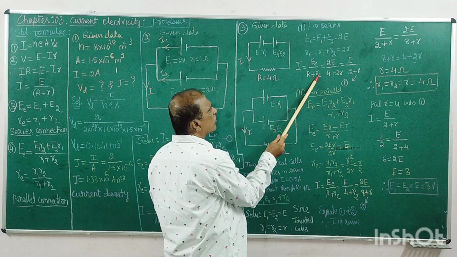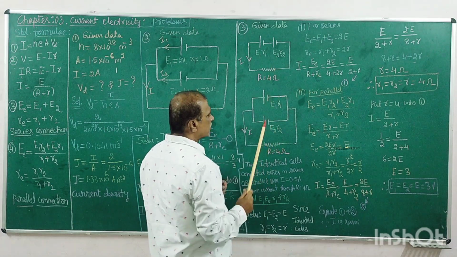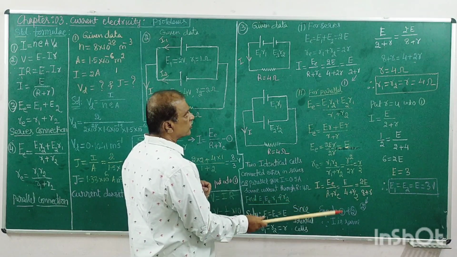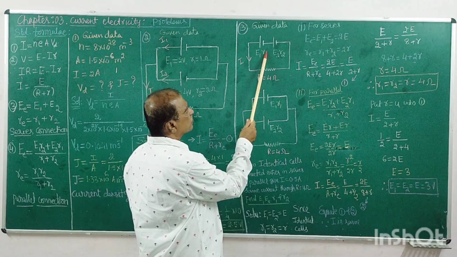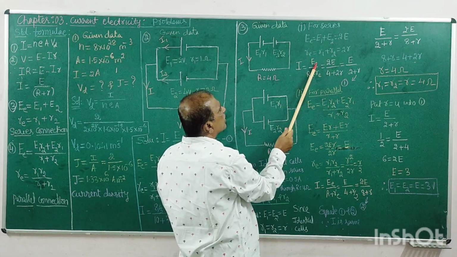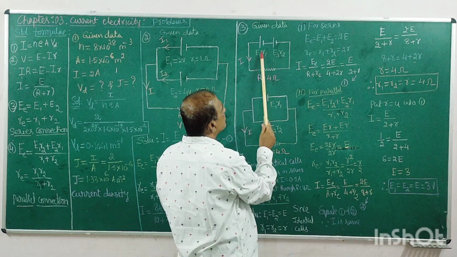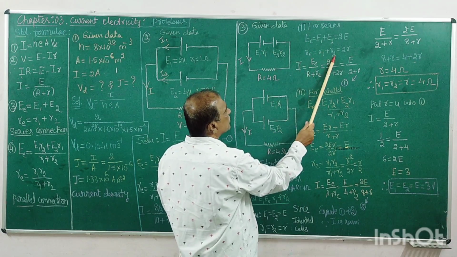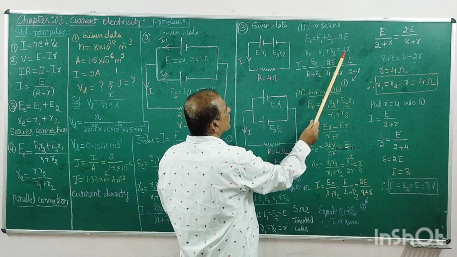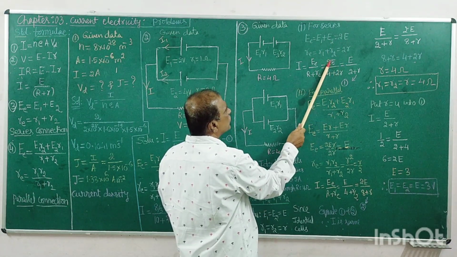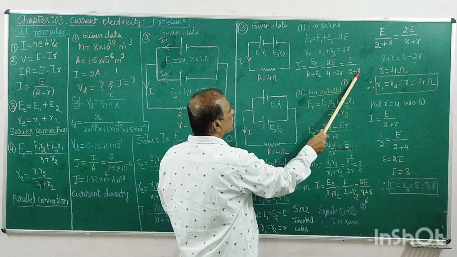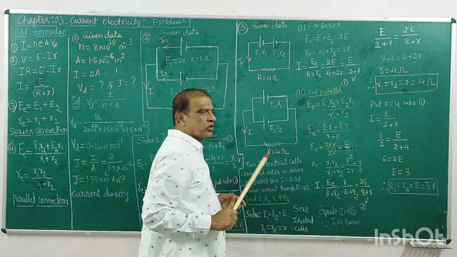For the series case, calculate EE and RE, using the series equation. E plus E, both same, is 2E, and r plus r is 2r. Substitute 2E and 2r, and simplify: I equals E by 2r plus R. Call this equation 1.